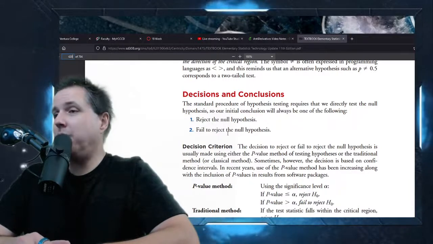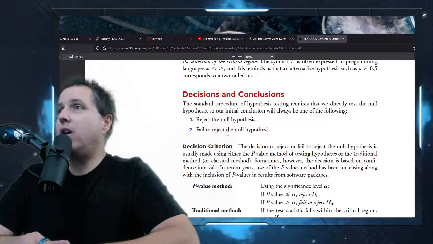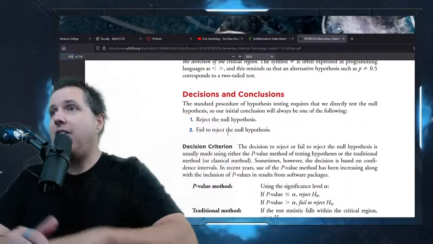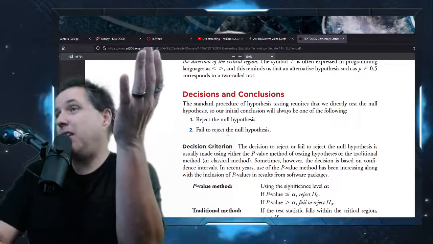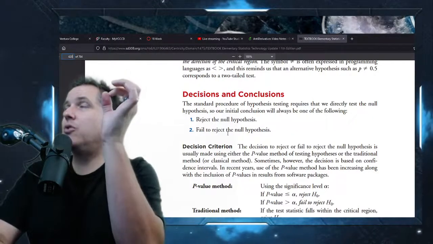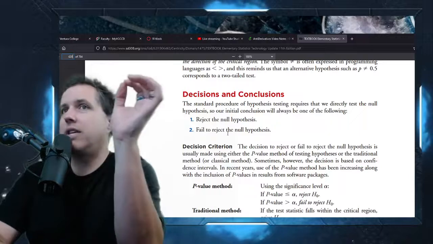Then don't make that the null hypothesis. If you want to give evidence to it, that needs to be your alternative hypothesis, and then your null hypothesis will just be the opposite, that the proportion is less than or equal to 60%, or whatever I said a minute ago.